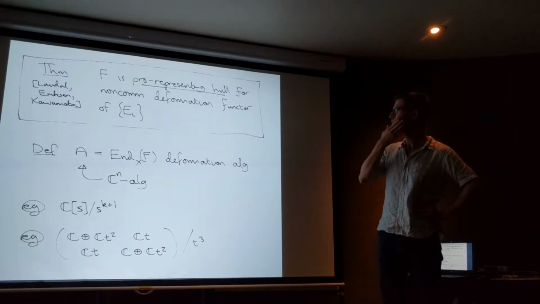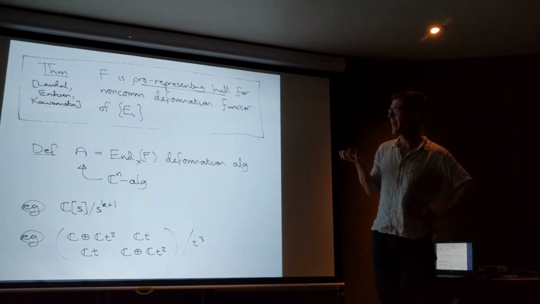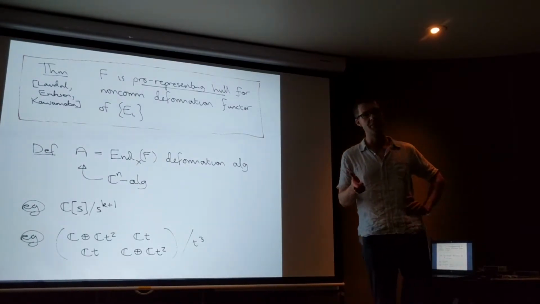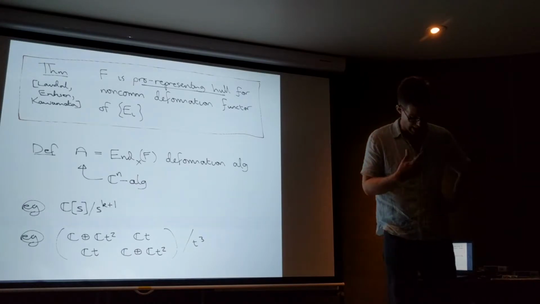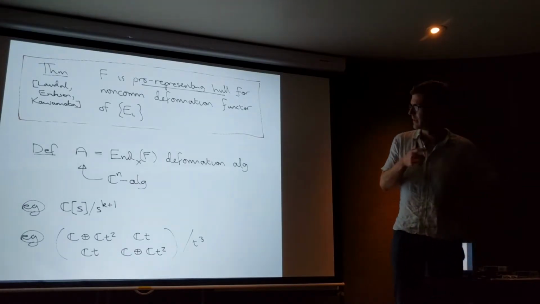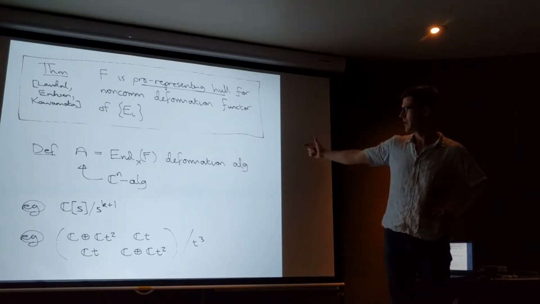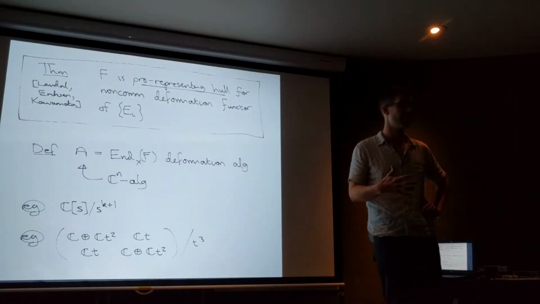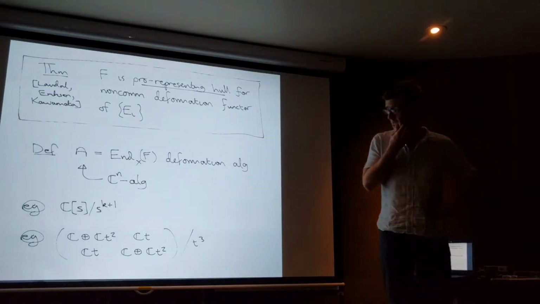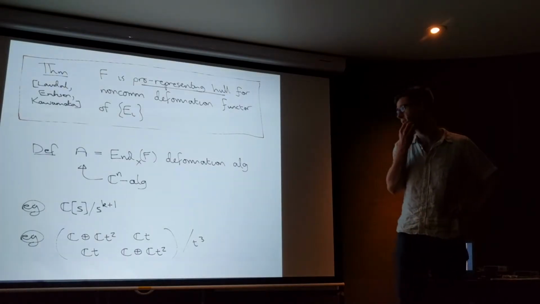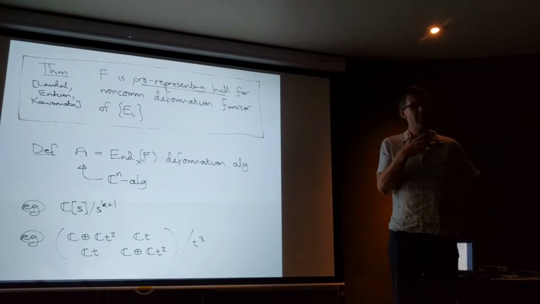And now, given this F, I can just take endomorphisms of it as a sheaf on X. So that gives me an algebra. And I want you to think of this as the algebra of deformations of the sheaves I started with. And this may be non-commutative.